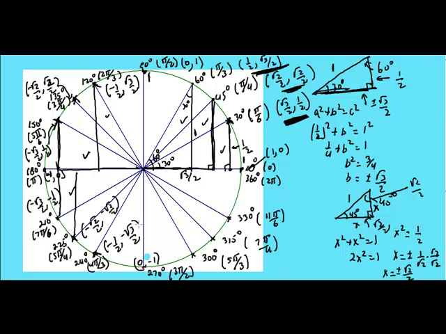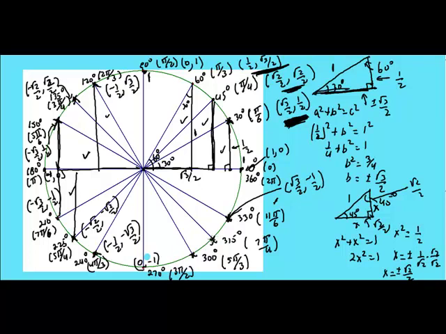In the fourth quadrant, okay, I'm going to the fourth quadrant now to find these points. X is going to be positive and y is going to be negative here. So in the fourth quadrant, this point right there is the same thing as this first point, except I'm going to have rad 3 over 2, comma, negative 1/2.